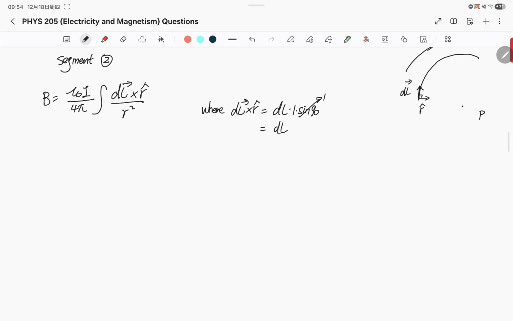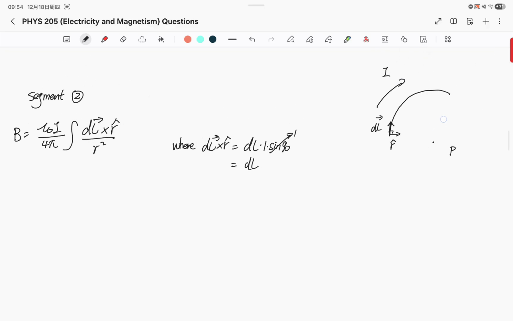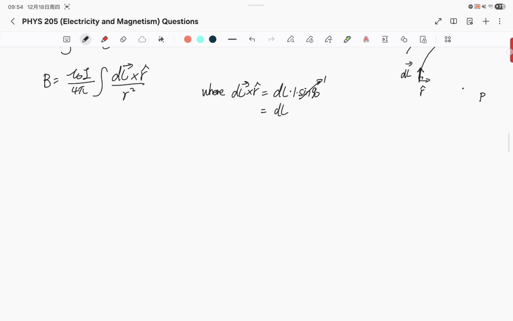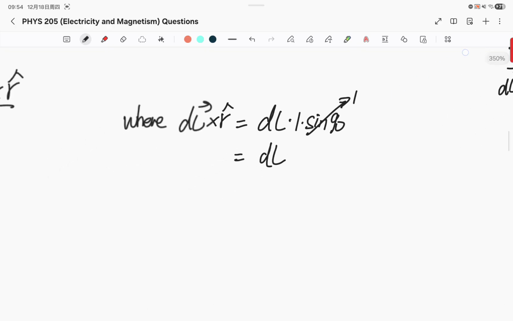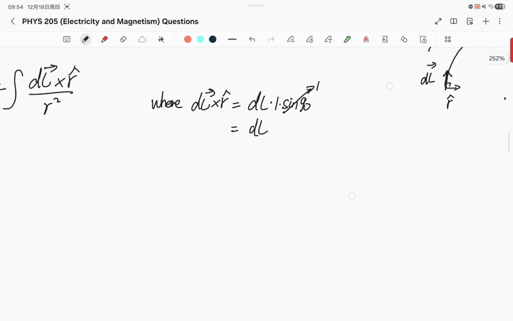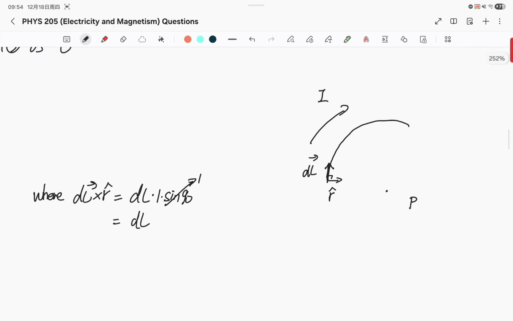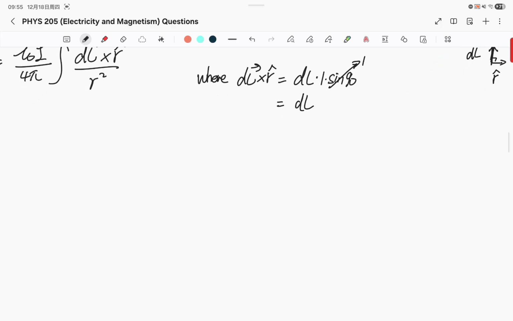And what is dl? dl is a small part on the wire. Although I drew it straight, it is not straight. It is curved. It follows the curvature of the curved wire. So dl is basically the arc length.